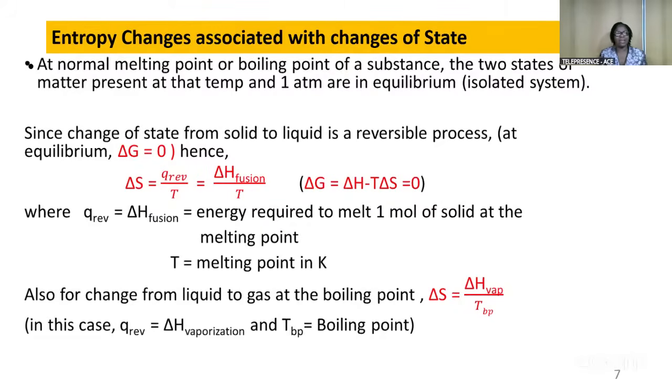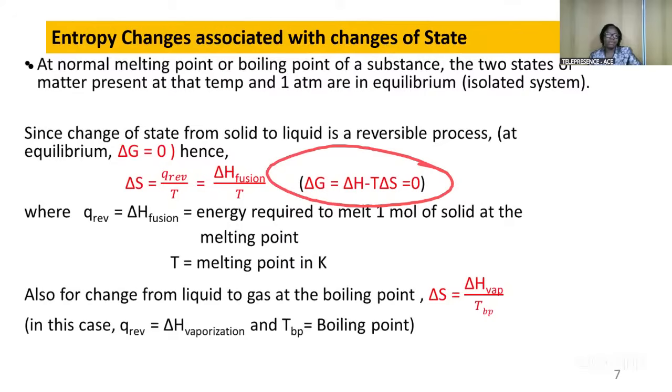So delta S can be determined because under such a condition, you find that delta G equals delta H minus T delta S, which you are very familiar with for free energy. At equilibrium, that will be 0.